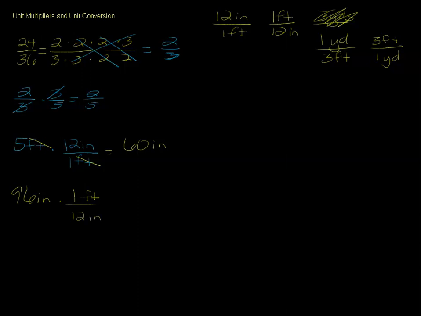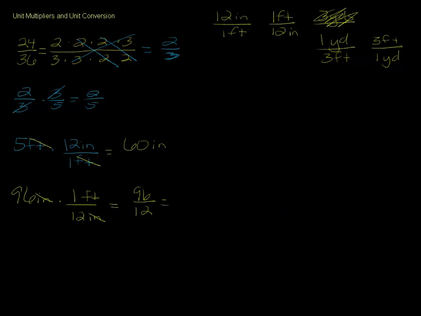So now inches cancel out, and we multiply 96 over 12. So this ends up being a division problem, not multiplying. Here we multiply because 12 was on top. Here, since we're going from inches to feet, we're going to divide.